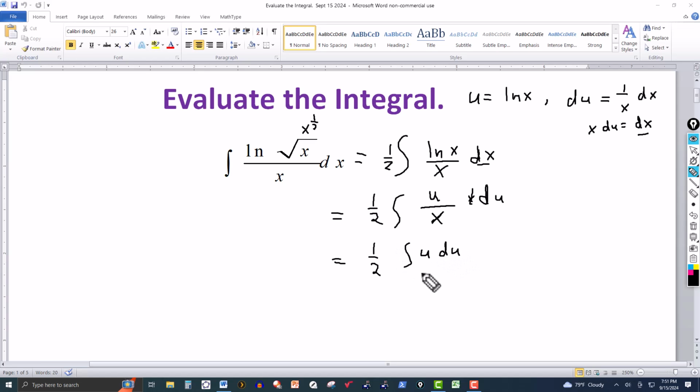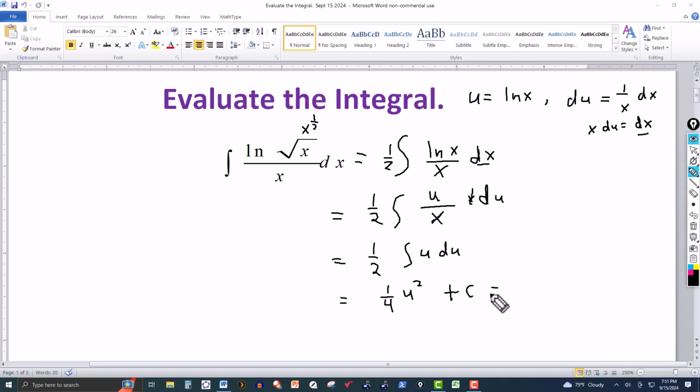Now this is just a simple integration involving the variable u. The integral of u with respect to u: add 1 to the exponent and divide by that. So this becomes u squared over 2. Then I have a 2 here, so it multiplies the 1/2 times the 1/2. This will be 1/4, plus the constant of integration.